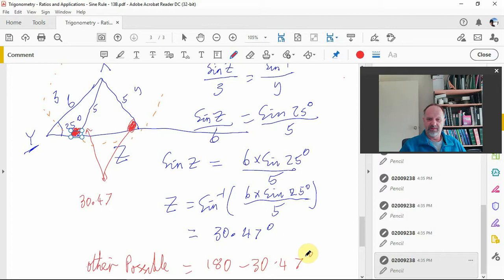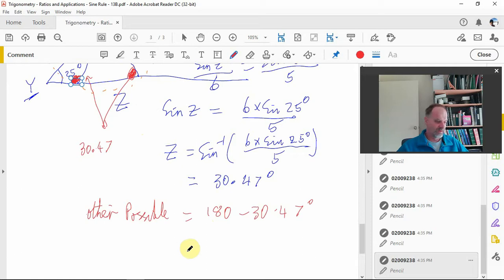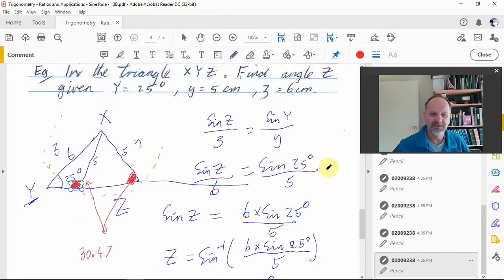So with the ambiguous case, that's always going to form an isosceles triangle there. That angle and that angle are always going to be the same. So this one is always going to be 180 minus. And so when you do that on your calculator, you get 149.53 degrees.